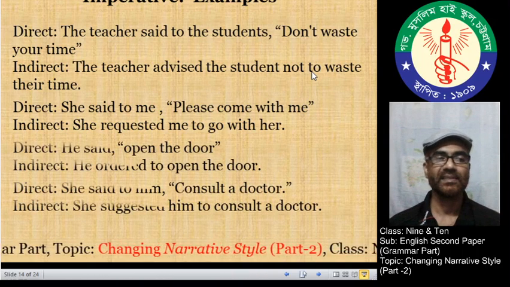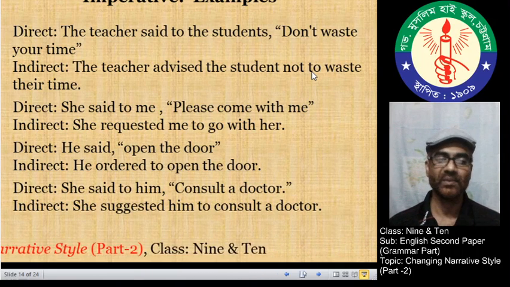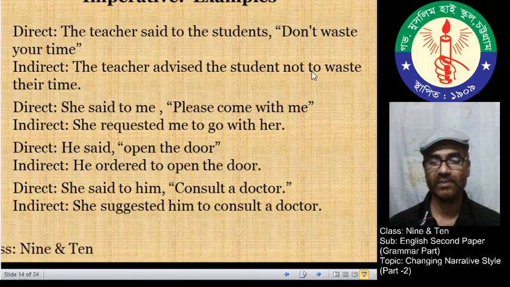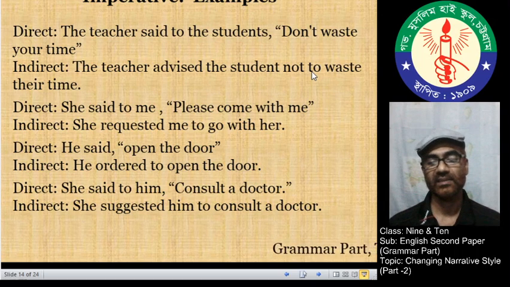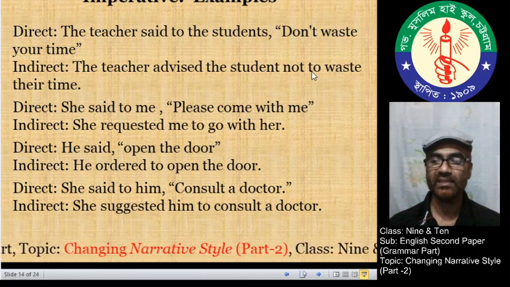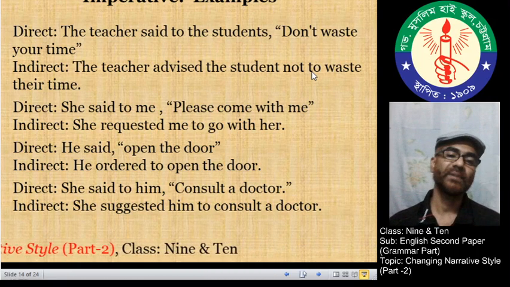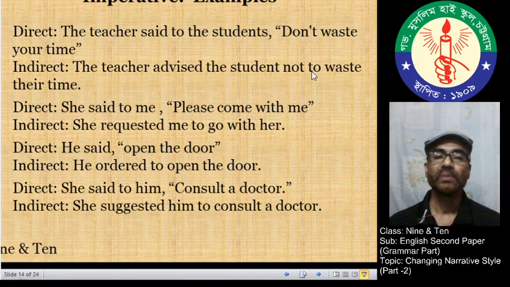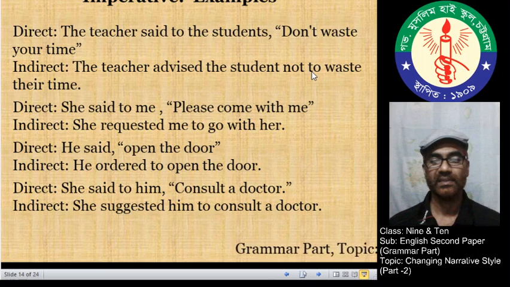Okay, let's see the next one. He said, "Open the door." He ordered to open the door. She said to him, "Consult a doctor." She suggested him to consult a doctor. So everywhere you will see to plus base verb.